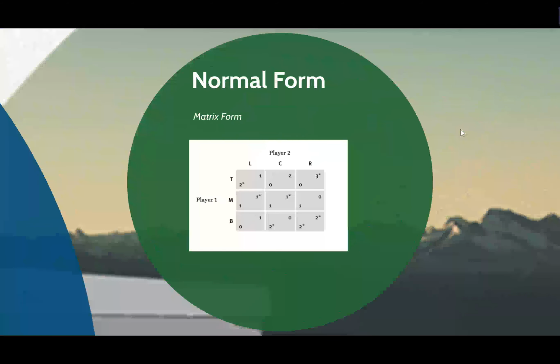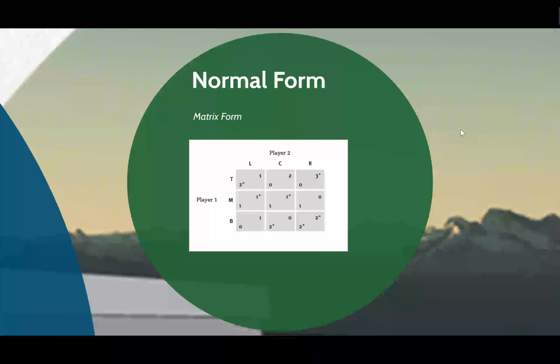The matrix provided is a normal form representation of a game in which players move simultaneously and receive the payoffs as specified for the combinations of the actions played.